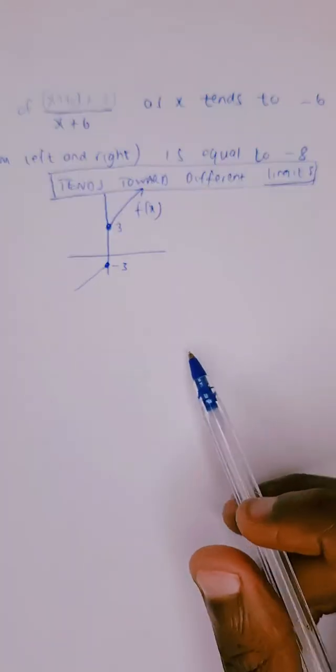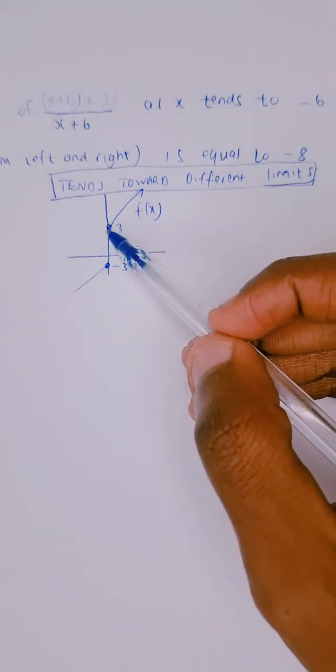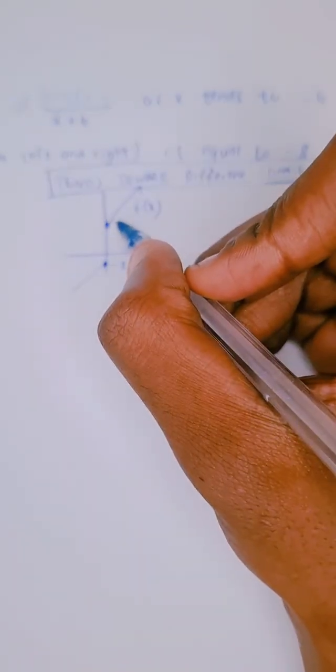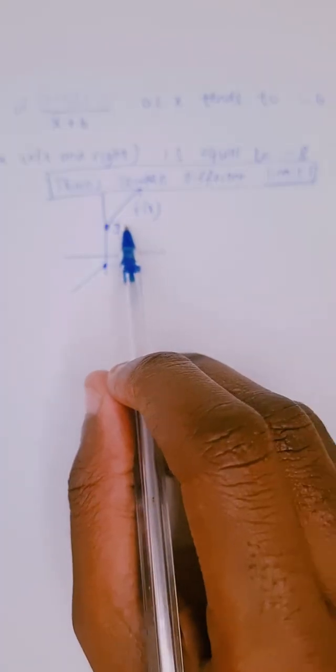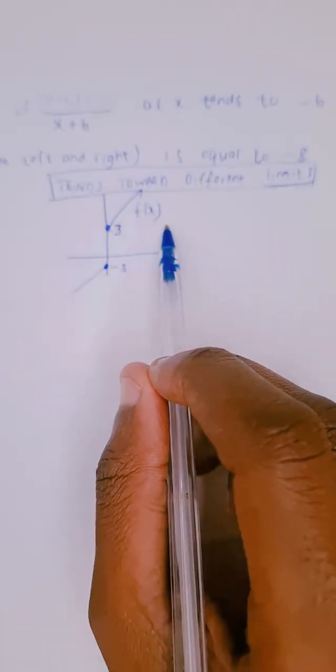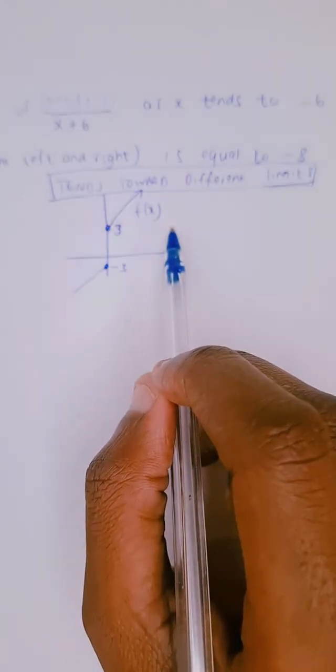How so? There's a line here, and we include the y value 3. And then this is as x approaches what? As we are coming from the right, we are approaching 0. Remember, the x value that represents the y-axis is 0.